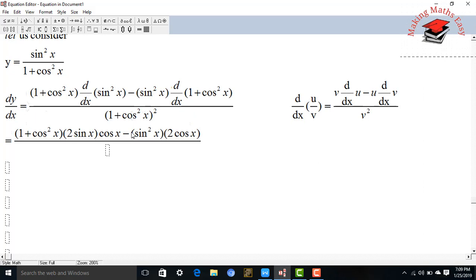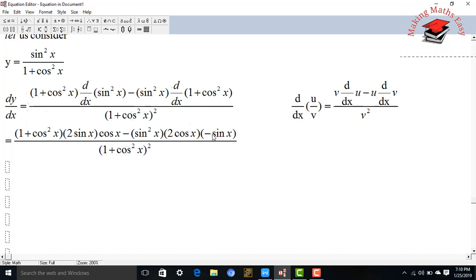The derivative of cos x is equal to minus sin x. So here it is minus, here it is minus, so minus minus becomes plus. In the denominator we will write it as it is, because no need to take the derivative, as per the formula we have put the values and taken the derivatives, and we will simplify right now.